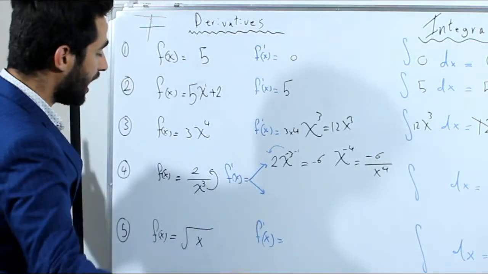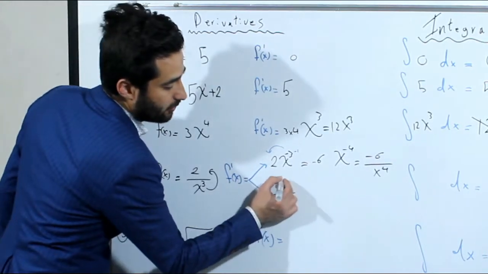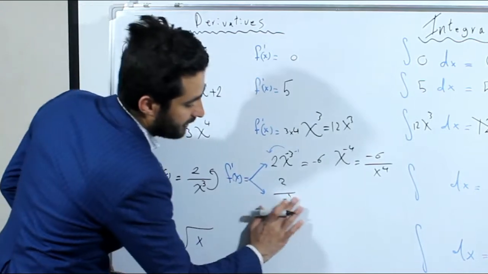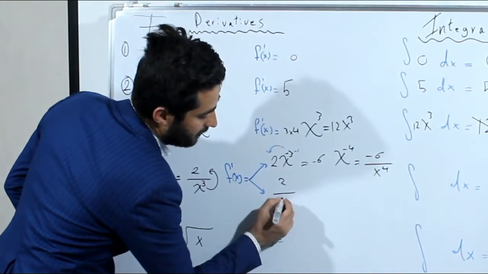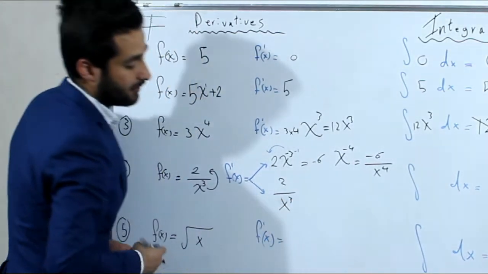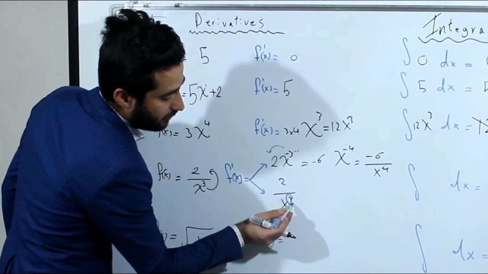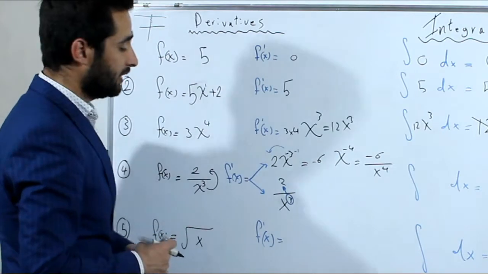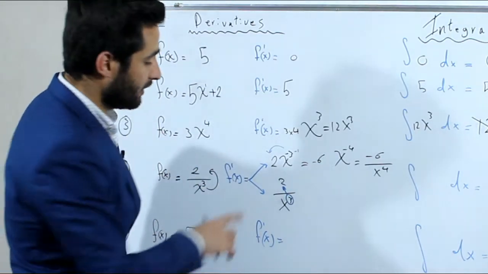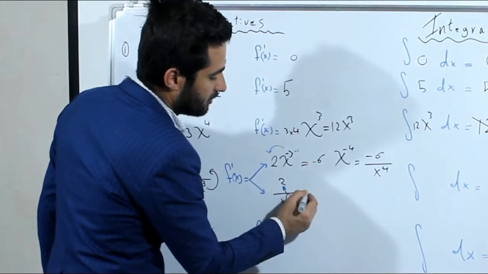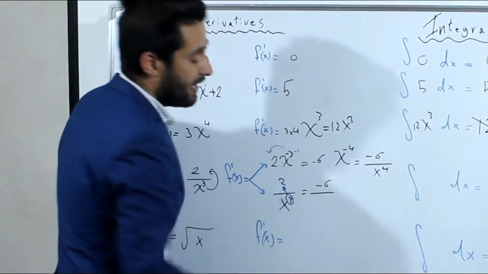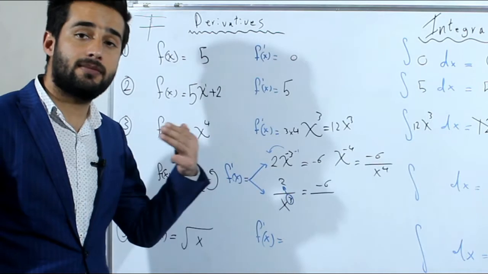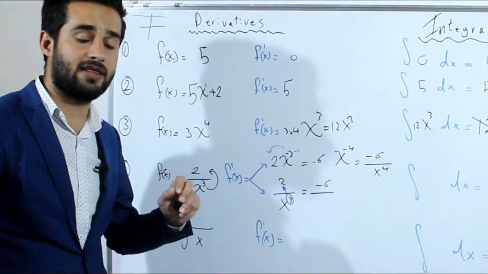Now let's use the second way, which is again equal to minus 6 over x to the power of 4. How? Let me write 2 over x to the power of 3 again. Multiply the number in the power to the number up, but with negative. Minus 3 multiplied by 2 is minus 6. And we know that derivative means minus 1, subtract 1 from the power.